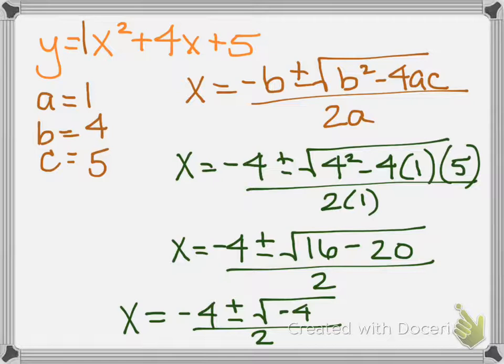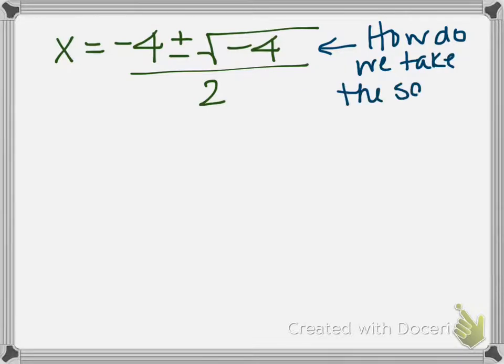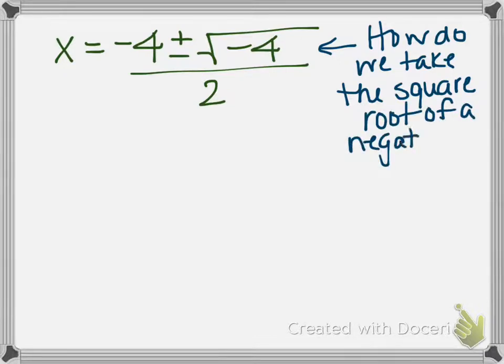So I'm just going to go to a new screen, and I'm going to take this with me. So I have x equals negative 4 plus or minus the square root of negative 4, divided by 2. So the question is, and here are some notes for you, so get them down: how do we take the square root of a negative number?